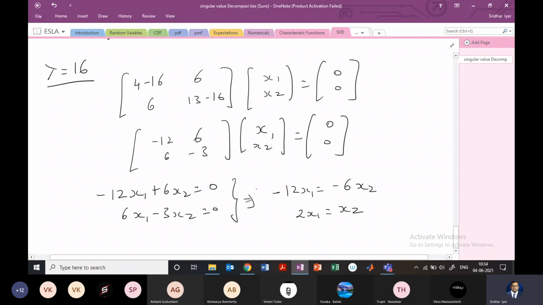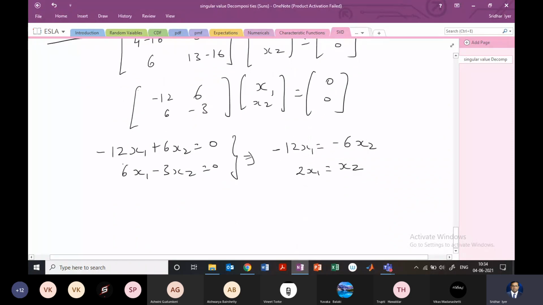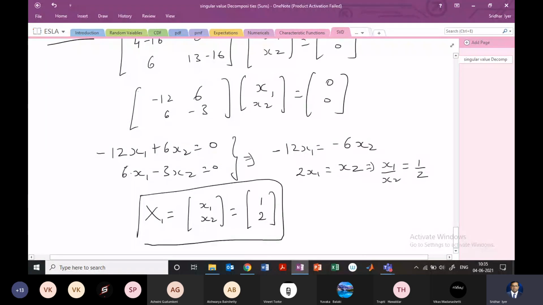Therefore, now we can write the vector, which is x1 and x2. x1 divided by x2 will be 1 by 2. Therefore, I can replace x1 and x2 in the vector: if x1 is 1, then x2 is going to be 2. So this is the first eigenvector that we have.